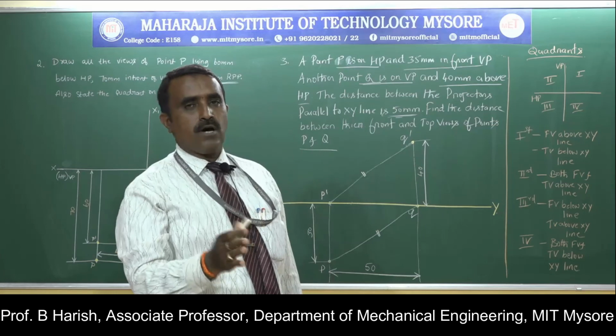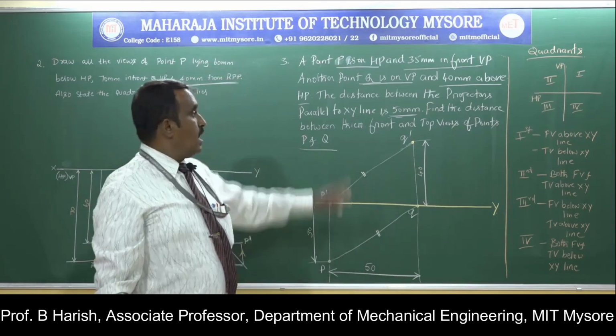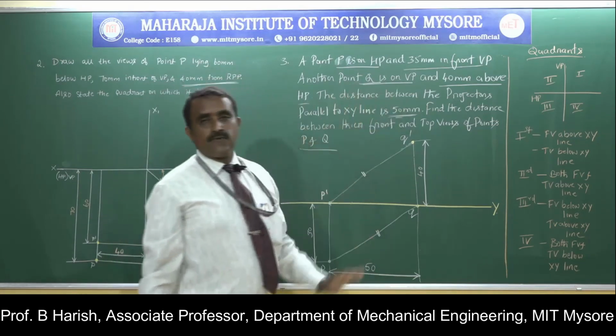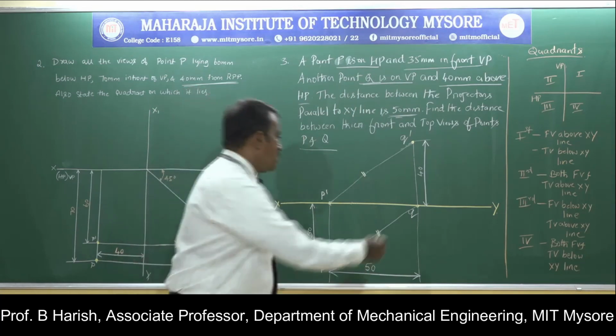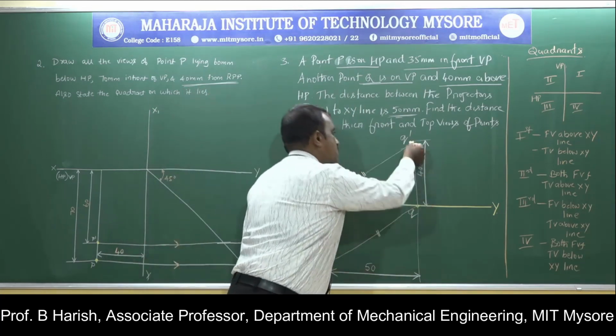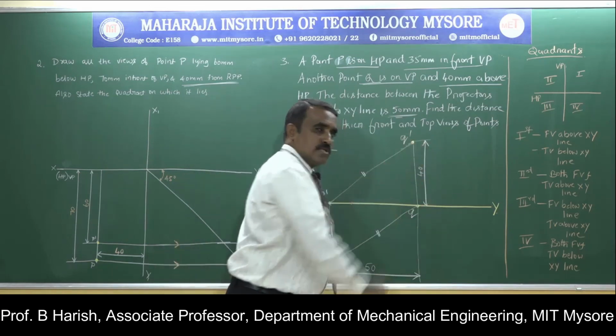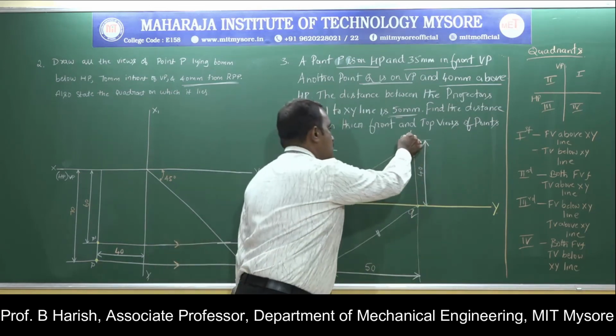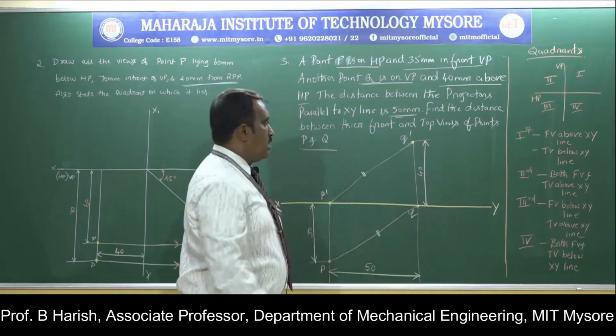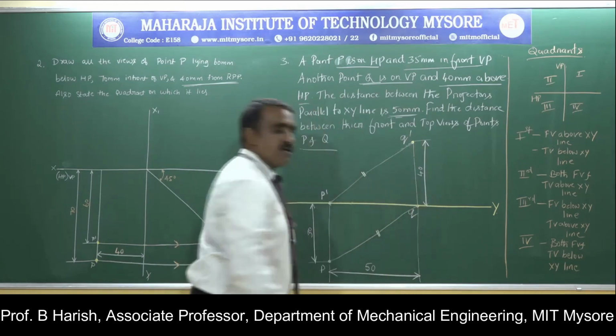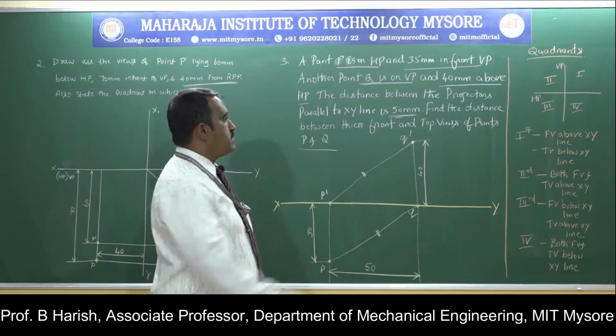In front of VP means always it will be below the XY line. So from this point Q, you measure a distance of 40 mm. There you will get the projection of one more point, Q dash and Q. So I have drawn the projectors of the two points P and Q.